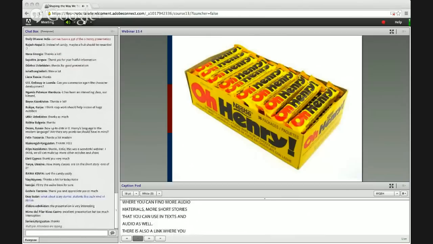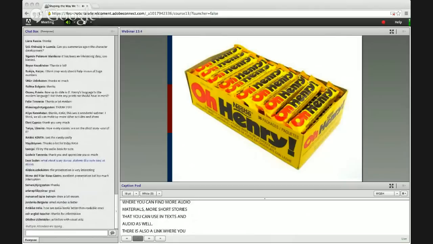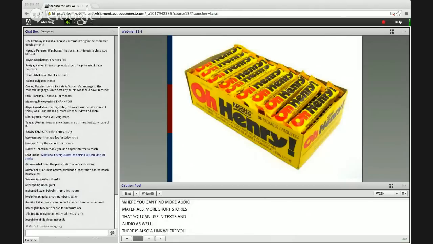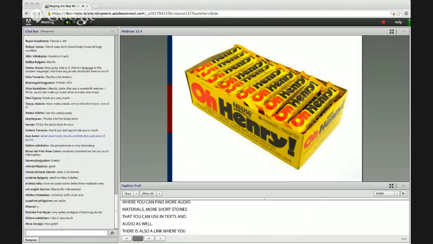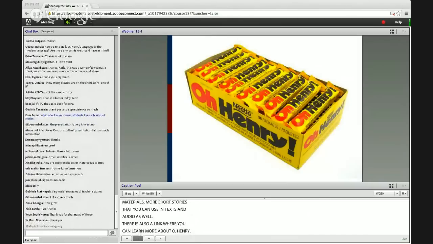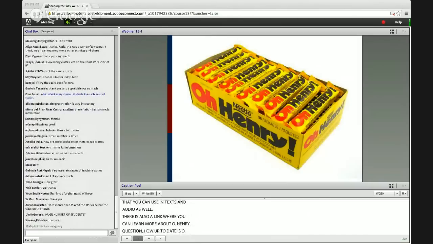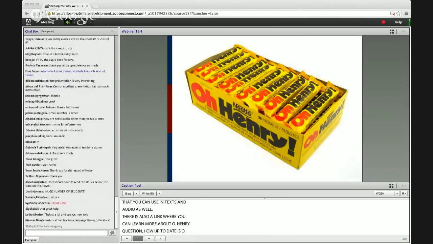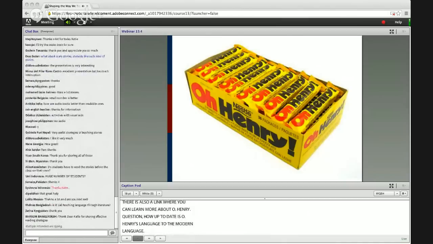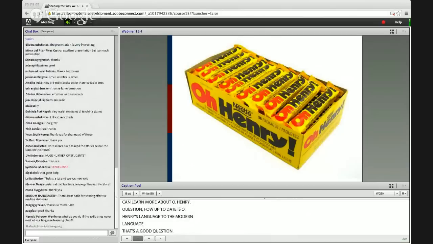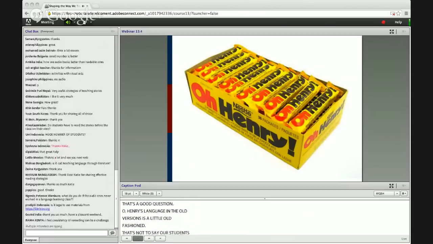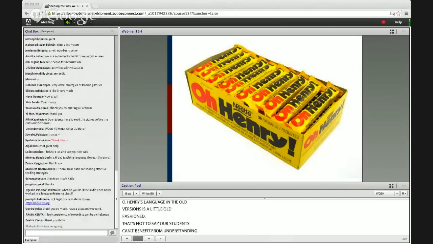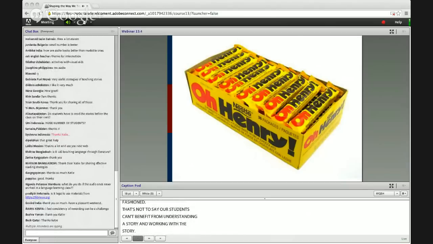Oksana says, how up-to-date is O. Henry's language to the modern language? Are there any points we should have in mind? Well, I think that's a really good question. O. Henry's language in the original versions is a bit old-fashioned, but that's not to say our students can't benefit from understanding the story and working with the story. The simplified readers are maybe a little bit more up-to-date in terms of the vocabulary that is chosen.